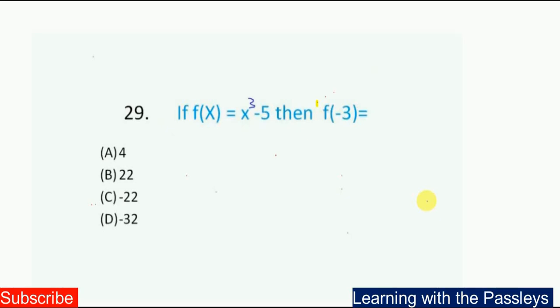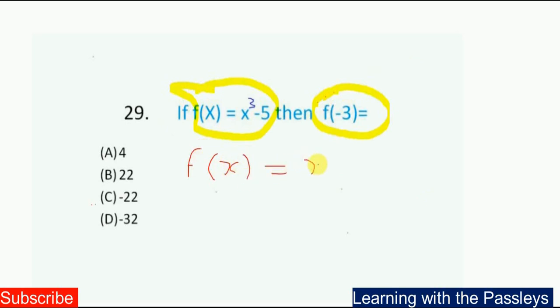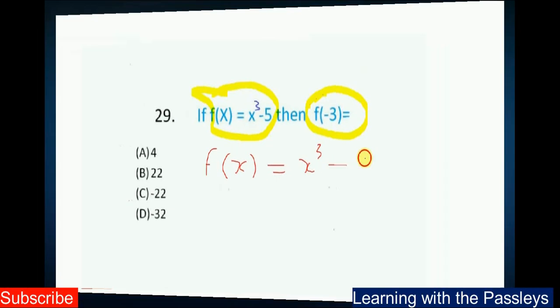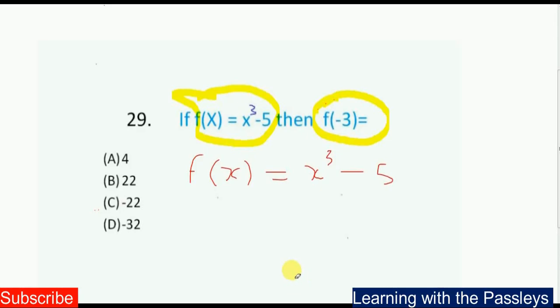Let us do 29. If f(x) equals x cubed minus 5, then f of negative 3 equals what? They are saying that we should use this function to find the answer for this. Therefore, f(x) equals x cubed minus 5.